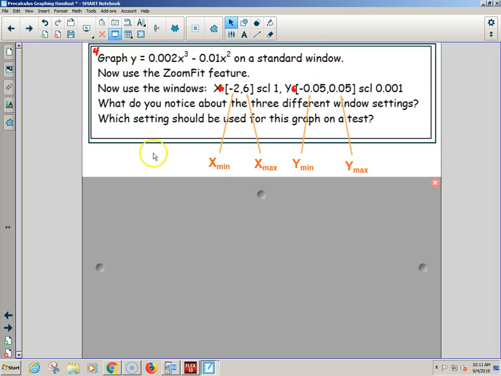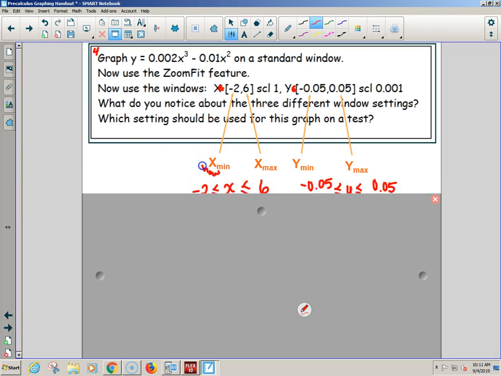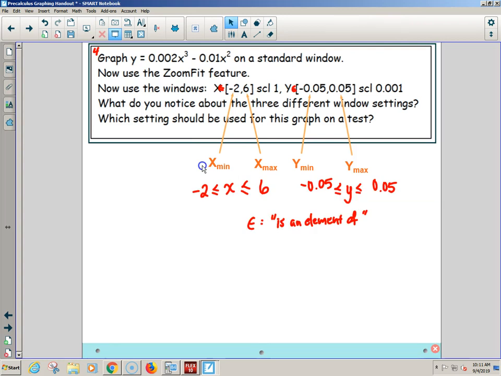X scale. Let's go to this one. This is objective number 4, because I kind of labeled what all this stuff means. So if you figured out that X min is how far left, with inequalities, the X min gives you how low the X goes, or how far left the X goes.